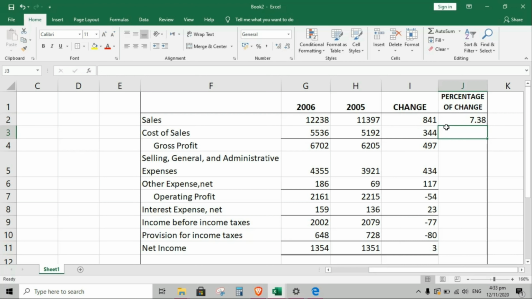Okay, ulit, dito tayo sa cost of sales. Change divided by previous year times 100.